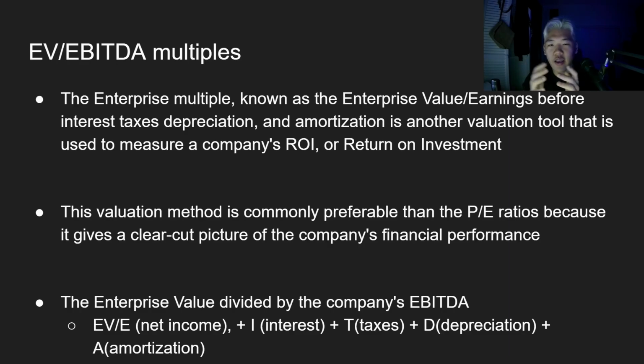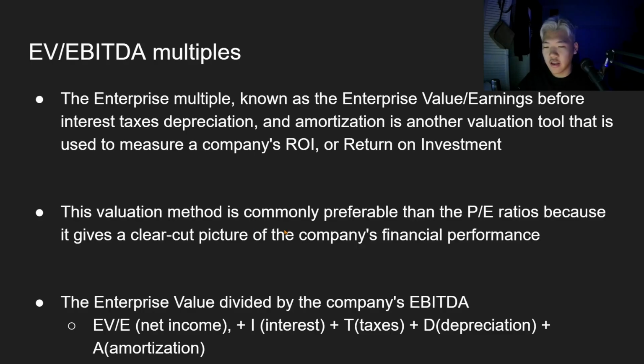So there's a simple formula to figure out EBITDA multiples, and that is the EV, which is the enterprise value, divided by E, the net income, plus I, interest, plus T, taxes, plus D, depreciation, and A, amortization.